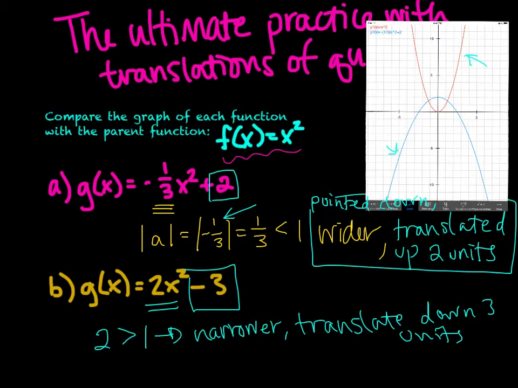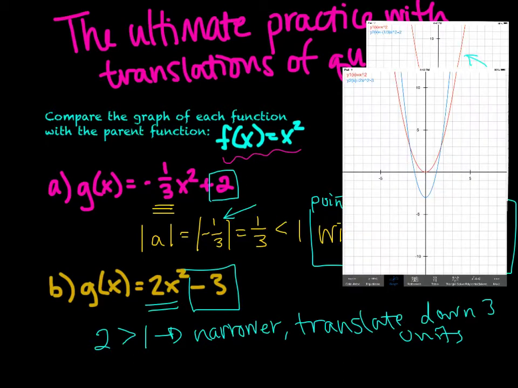Hold your horses just one sec and let's check our work with a quick graph. Here's our graph of this situation. Here is our g of x, and this red one is our f of x. We can see exactly what's happening. Our g of x is narrower, even up here at the top, and it is also translated down 3 units.